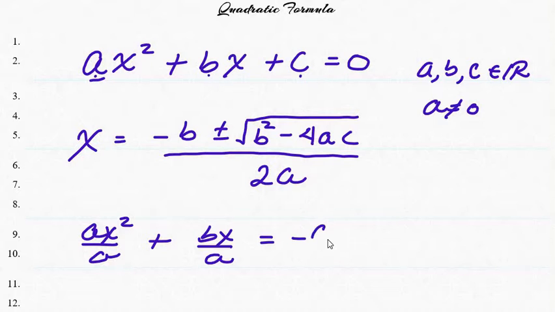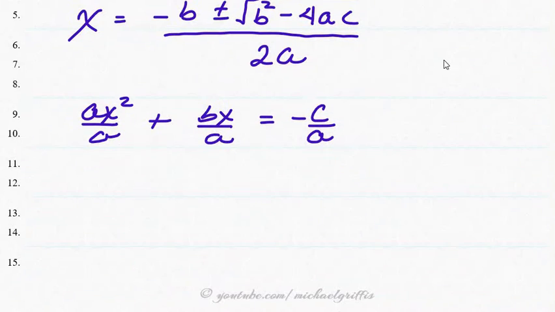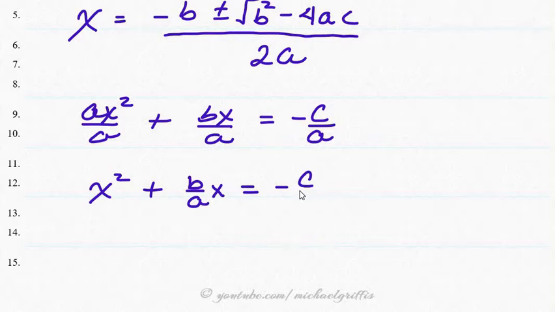That was something that I should have already said. So we multiply each term by 1 over A. Now remember, we're completing the square. We're going to derive this formula right here. And so now we're left with X squared plus B over A X is equal to negative C over A.